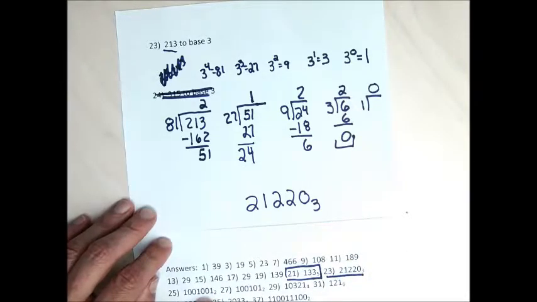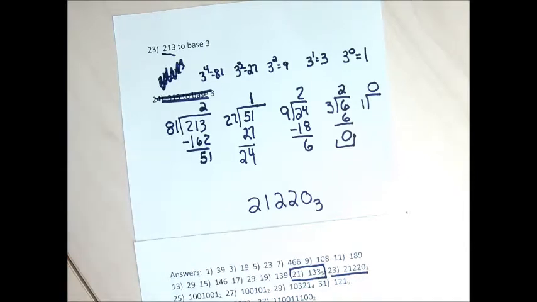The next page is going to be good because in base 2, you start getting lots and lots of zeros in your answers, and that's where this can get tricky.